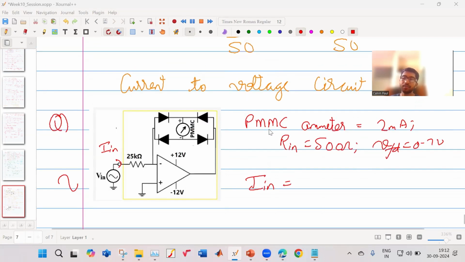Okay, input current is 2 milliampere. Not exactly, but we will start.